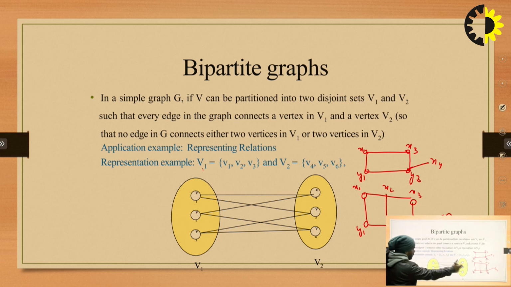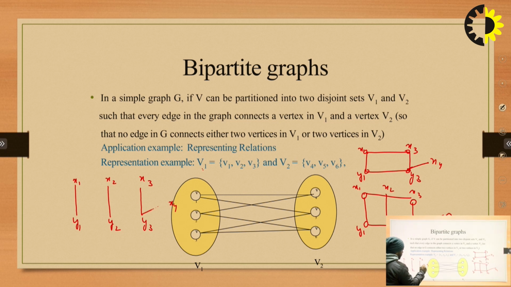So I am making the solution for the bipartite graph for this: x1, x2, x3, y1, y2, y3, and this is x4. So we are connecting this and this.